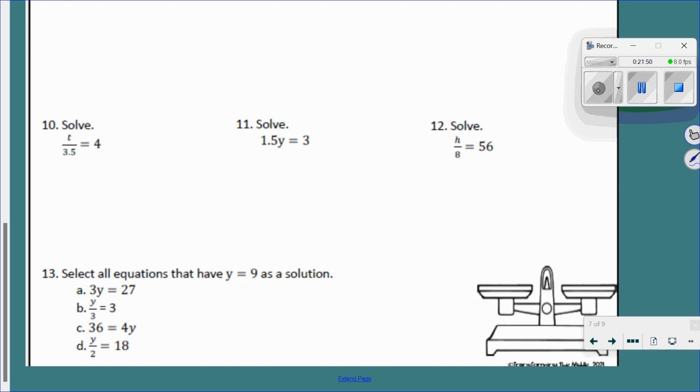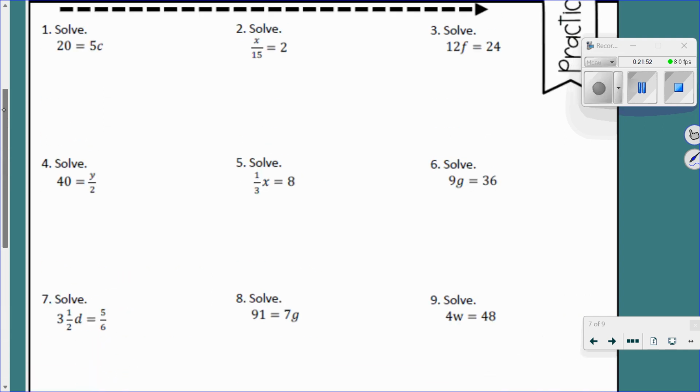There you go. Okay, divide by 5. Goes away. C equals 4. Multiply by 15. These go away. X equals 30. Divide by 12. These go away. F equals 2.